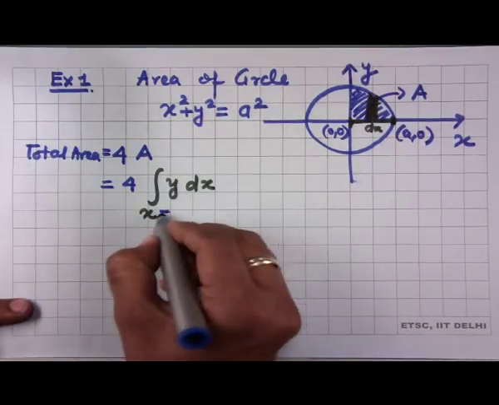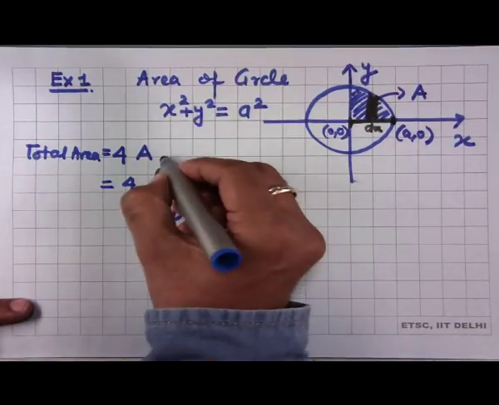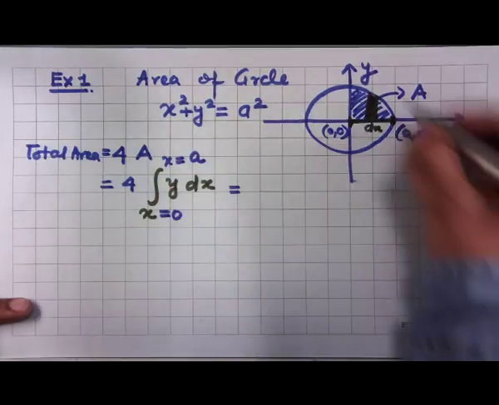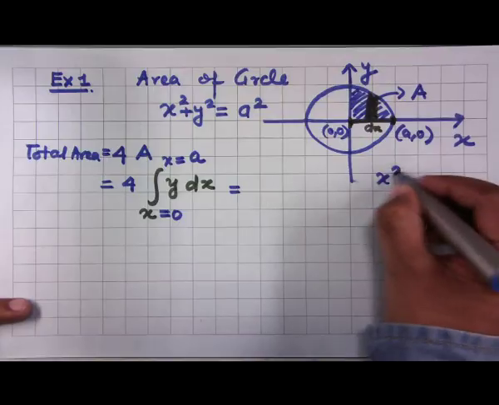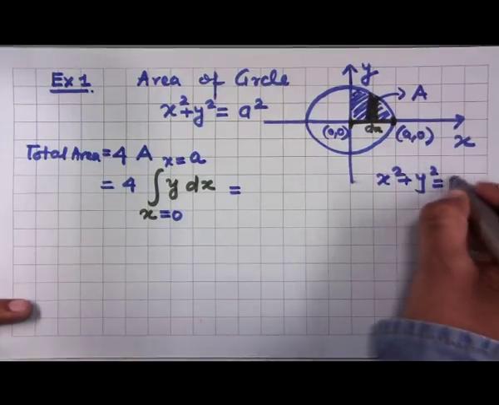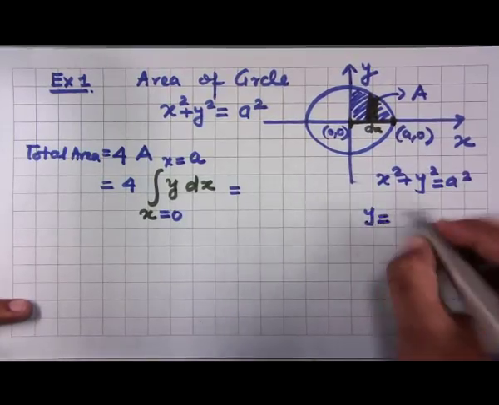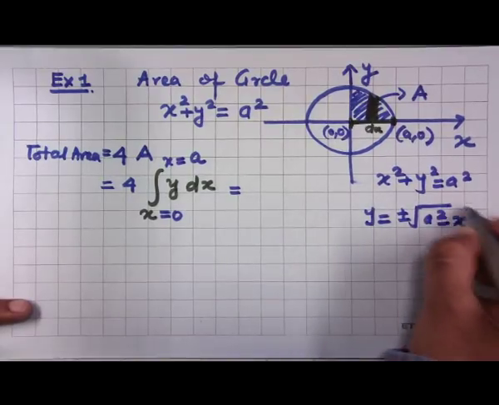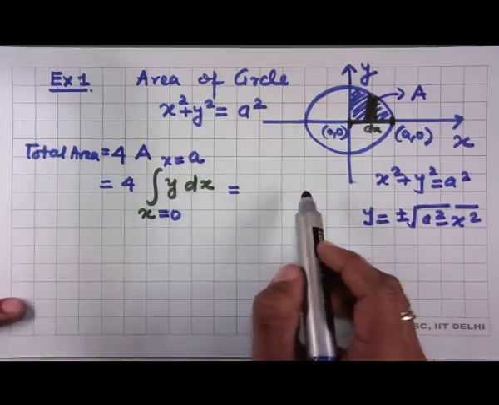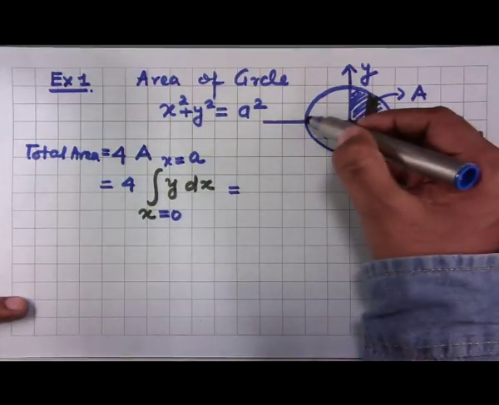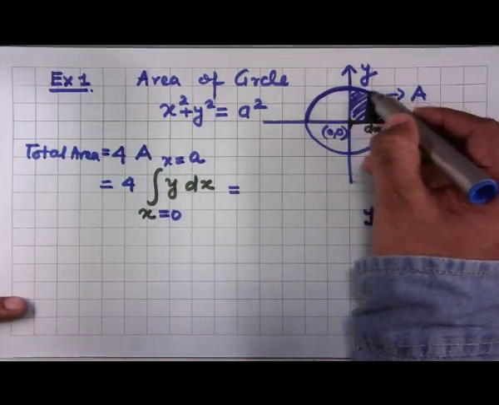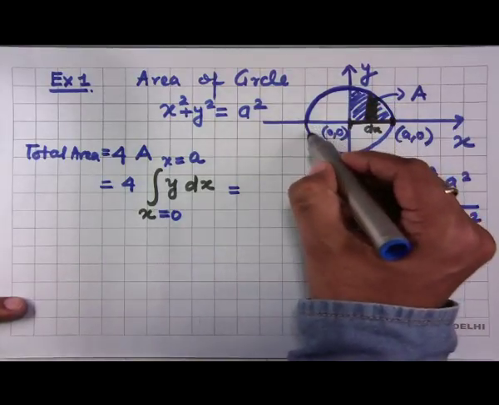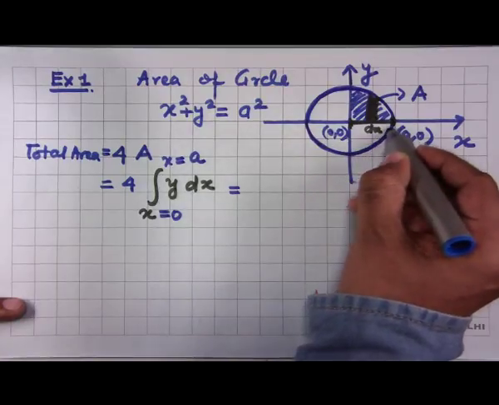So x value will start from 0 and go to a, and y value will be computed from the equation of the circle. So you get y equals plus minus under root a square minus x square. For each value of x you get 2 values of y. Positive value of y will give you the upper branch of the circle which lies above x axis, and negative value will give you the lower branch.